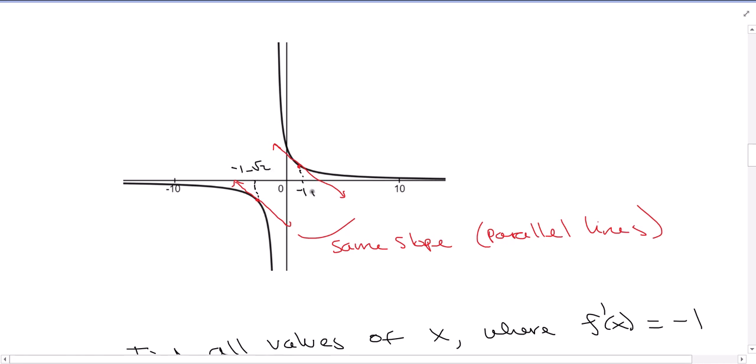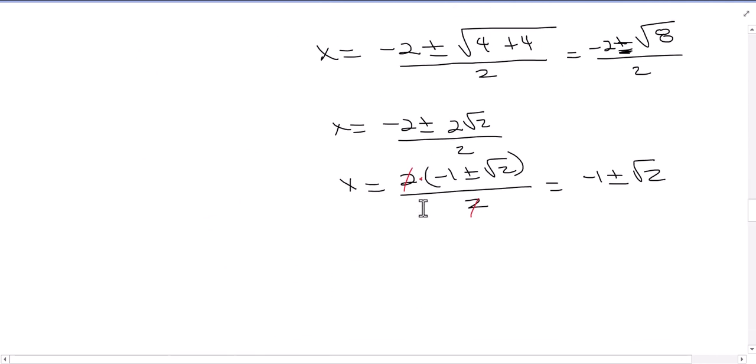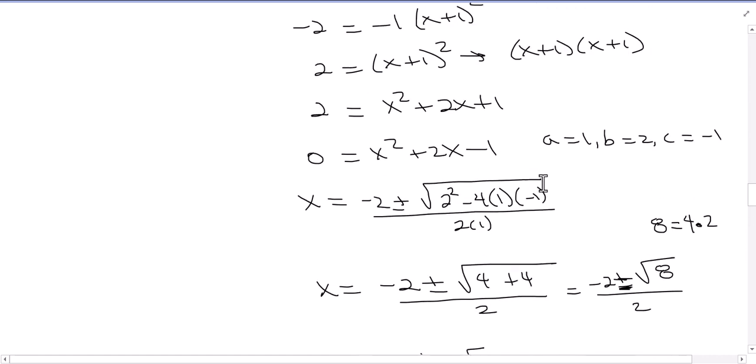And this will be -1 plus root 2 from our answers here, right? Once you separate it. So that means that x is -1 plus root 2 or x is -1 minus root 2. So that's using the quadratic formula.